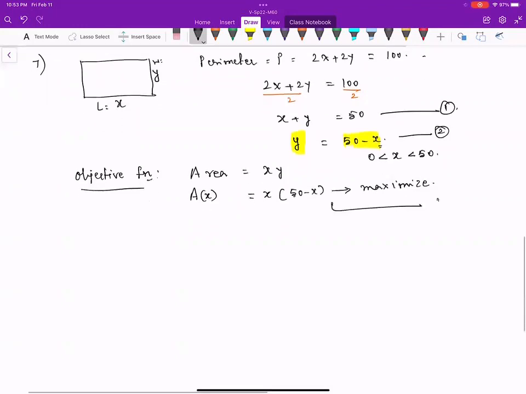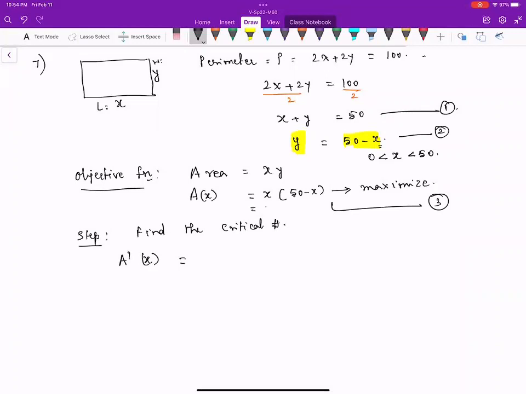So call it equation 3. So in order to maximize or minimize any function, what is the step that we do? Find the critical number, right? So how do you find the critical number? By taking the derivative and setting it to 0.